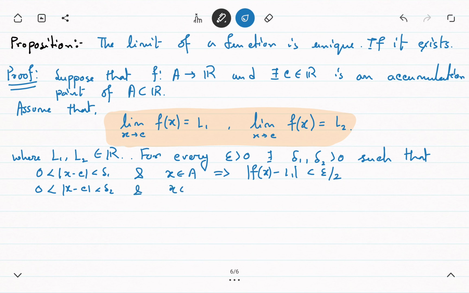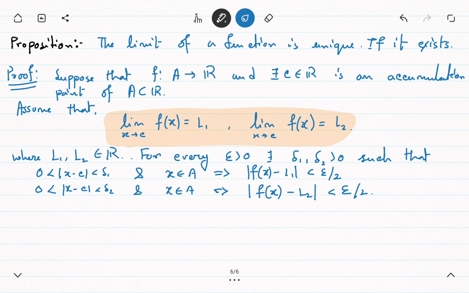Similarly, x belongs to A, which implies that |f(x) − L2| is also less than epsilon over 2. We'll take the minimum, not the maximum. Why?